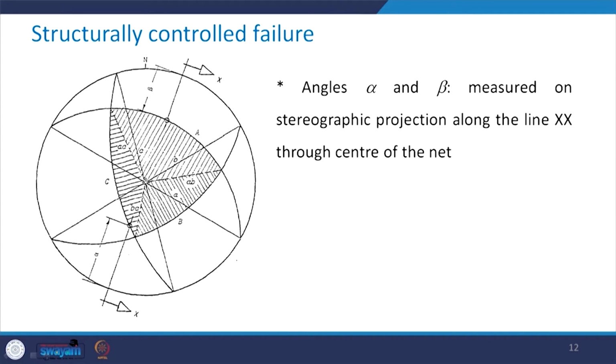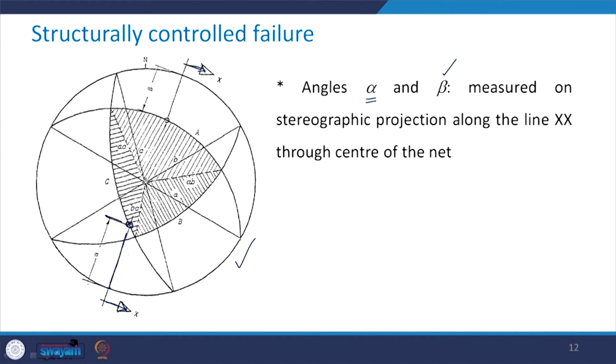We have this stereographic projection and we take this XX section here on this projection as well, and then see this alpha is the apparent value for this plane A and beta was for C. So, this is how it is obtained, that from this point in the direction perpendicular to this plane XX, wherever this is intersecting.